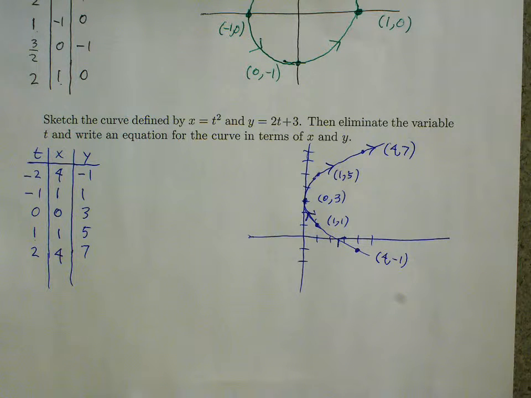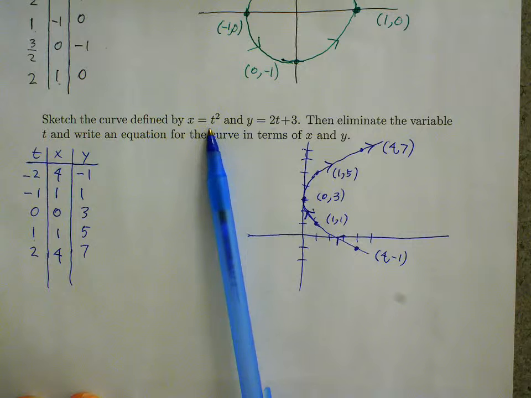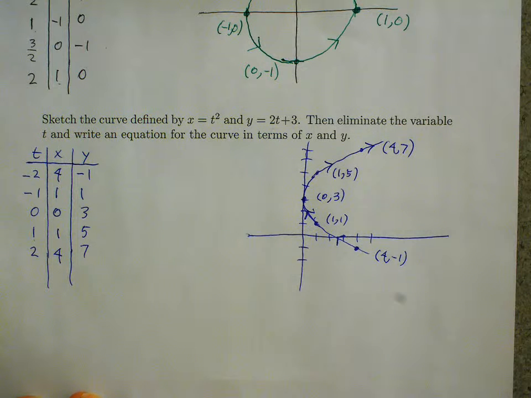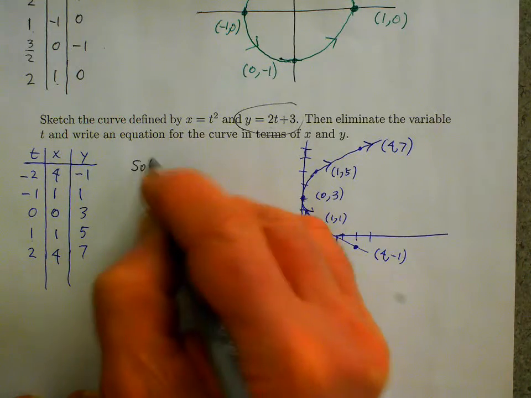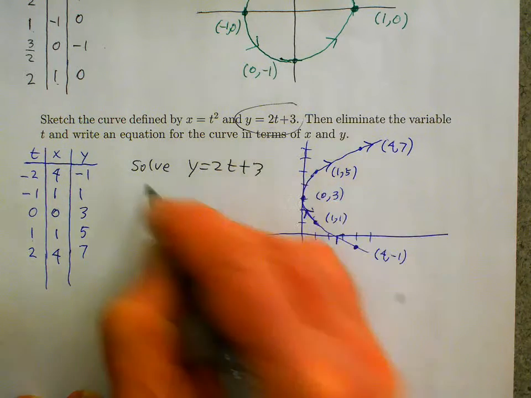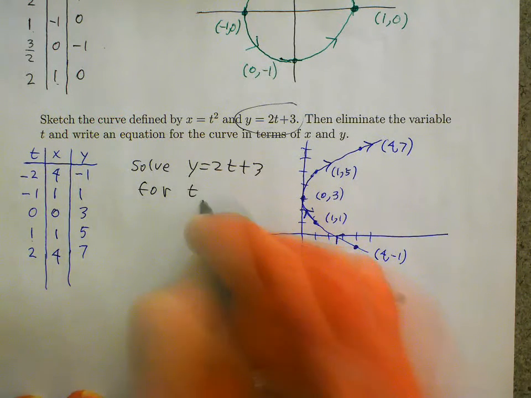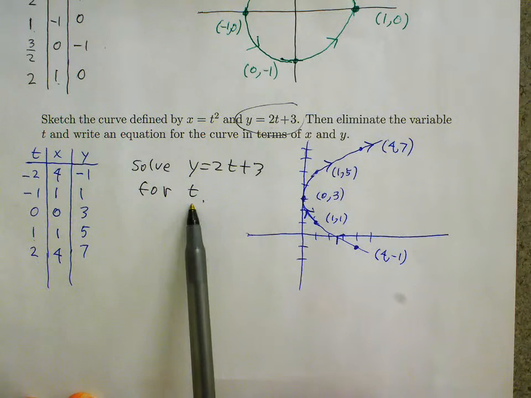So what you said can probably work. We would just have to make sure that we take into account the fact that this t is squared. So what I suggest is solve y equals 2t plus 3 for t, and then afterwards replace t in the other equation with what t is equal to from this one.